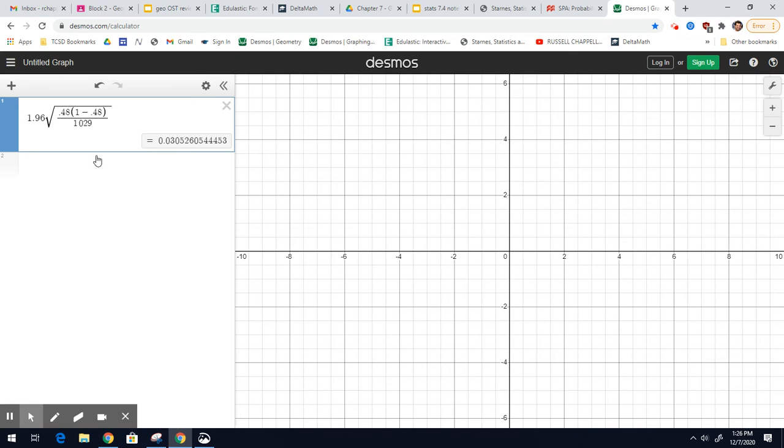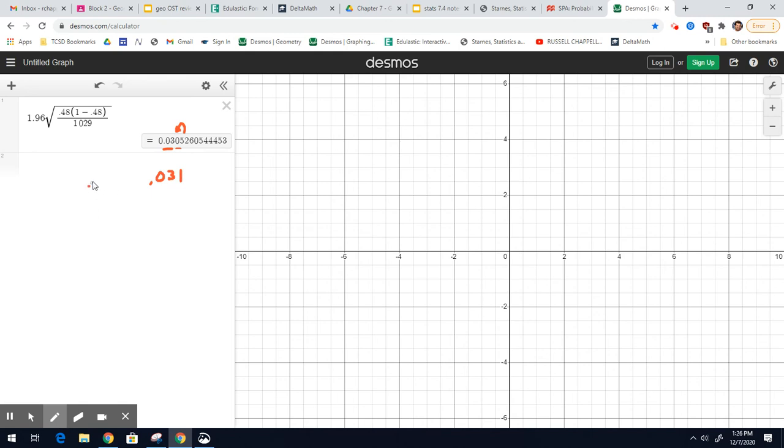You could probably round to 2 decimals, but I'm going to go to 3 because I typically like my proportions to be to 3. So this 5 makes the 0 become a 1. So my margin of error is going to be 0.031.